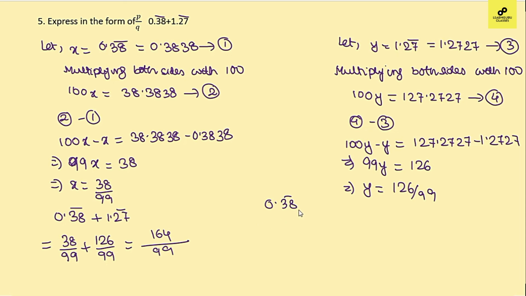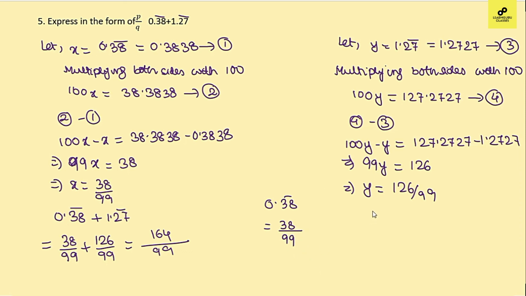then without performing the entire calculation, you can simply tell the equivalent P by Q form. Like here, since 2 digits are under the bar, just write down 38 as the numerator, and the denominator will be 99, because 100x minus x will give you this 99.